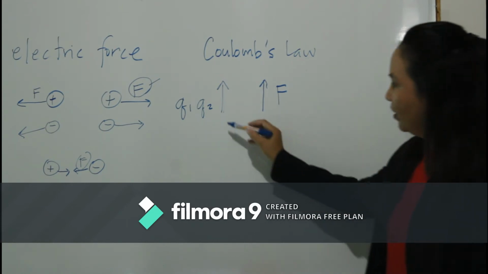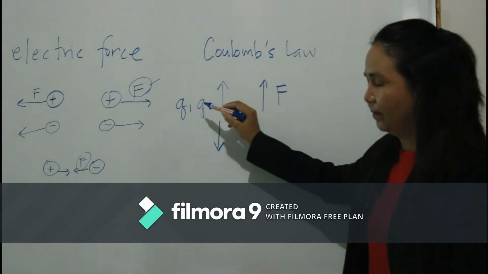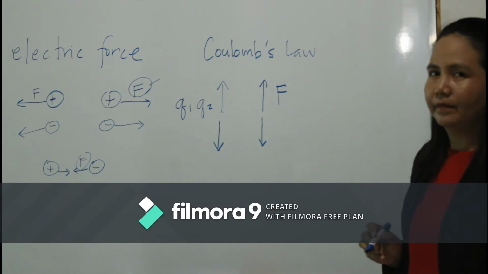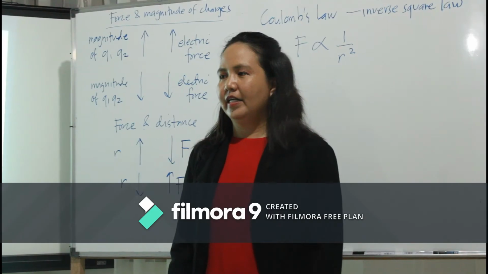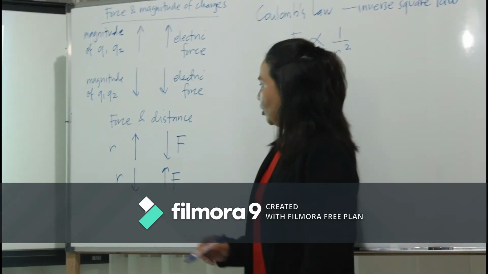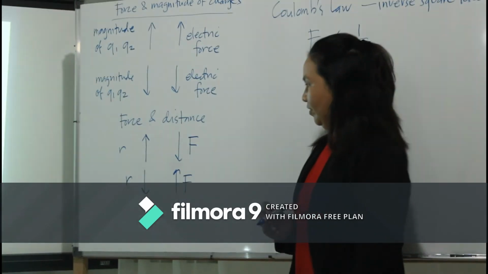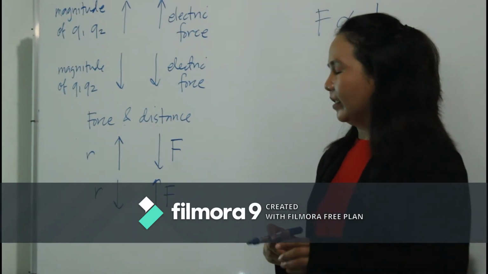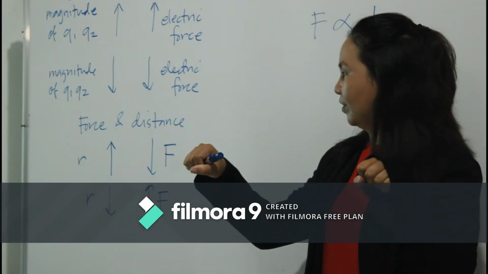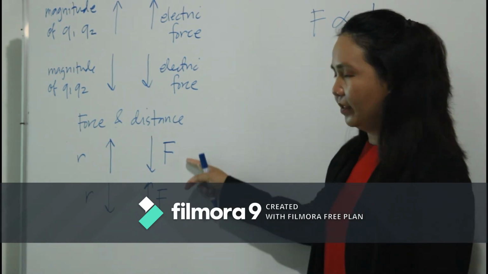If I am going to reduce the magnitude of these charges, the force between them is also decreased. In picture analysis number 2, we are asked to look at the relationship between force and distance. As you have noticed, as the distance of separation between 2 point charges increases, the electrical force that exists between them decreases.